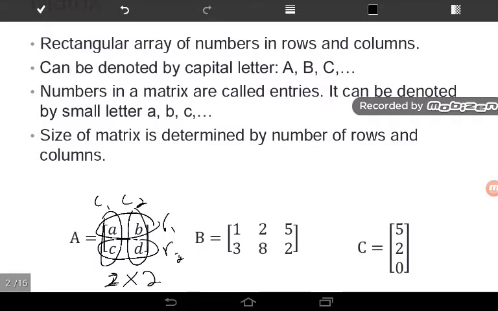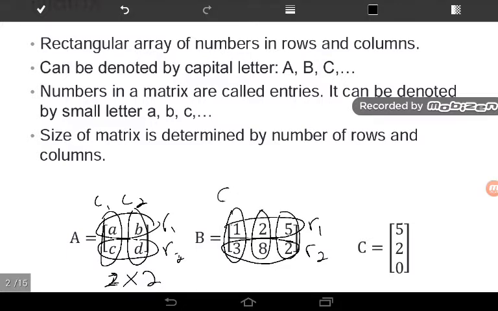Matrix B has 2 rows and 3 columns, so its size is 2 by 3.